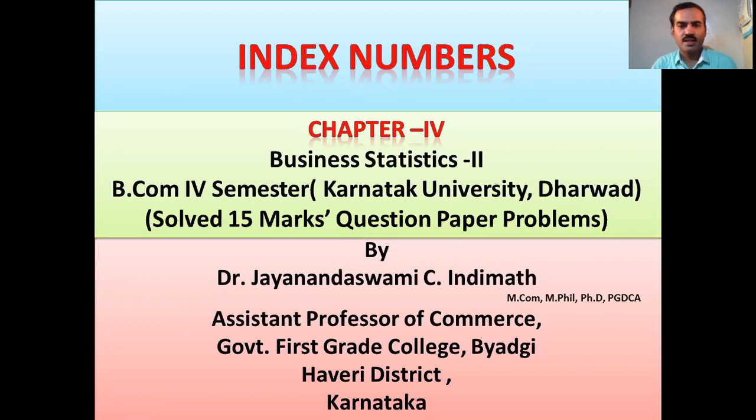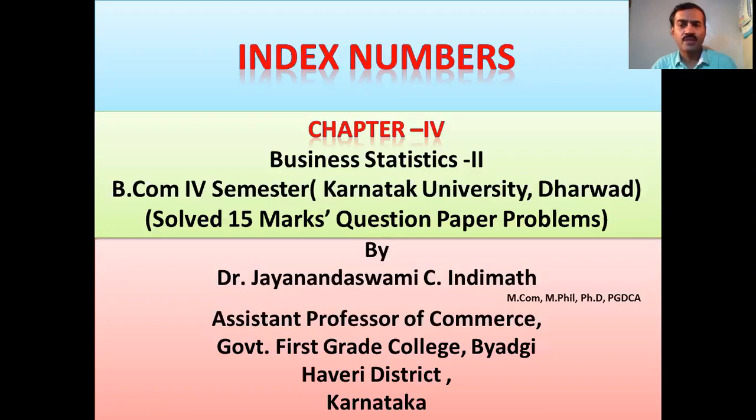In the previous year question papers of Business Statistics 2 of Karnataka University, if you see all those question papers, in every question paper you find one 15 marks question, one 5 marks question, and two 2 marks questions. That is total on the index numbers chapter itself.